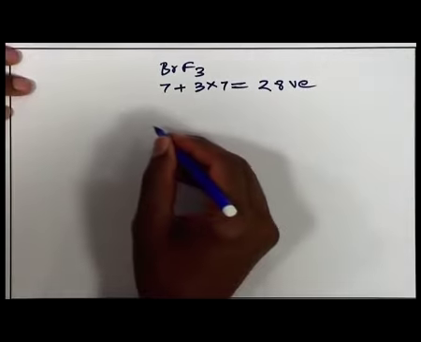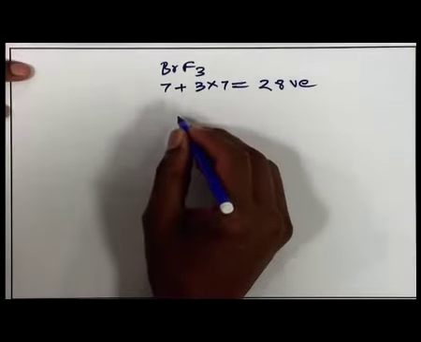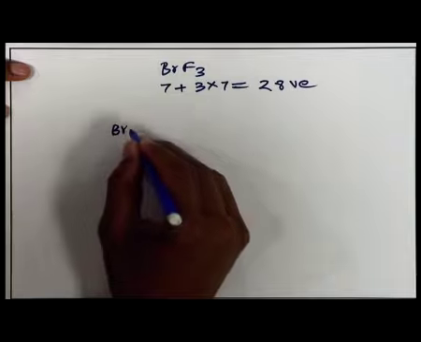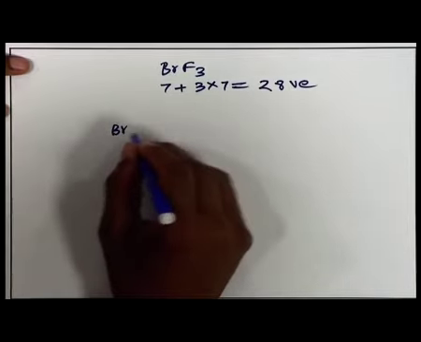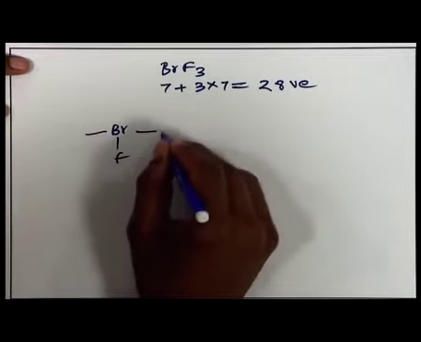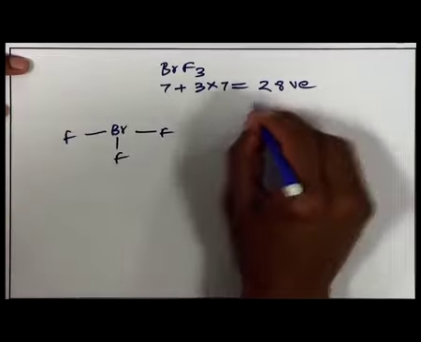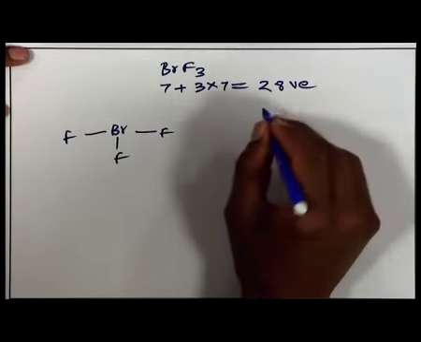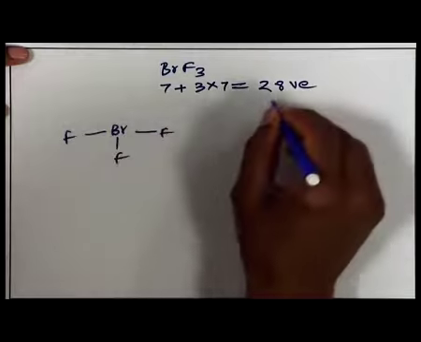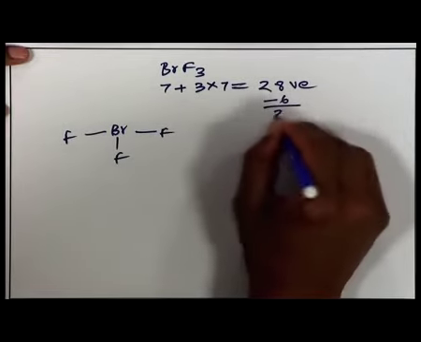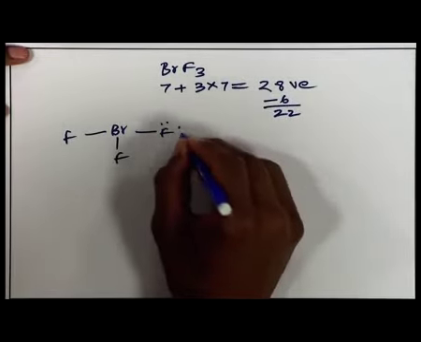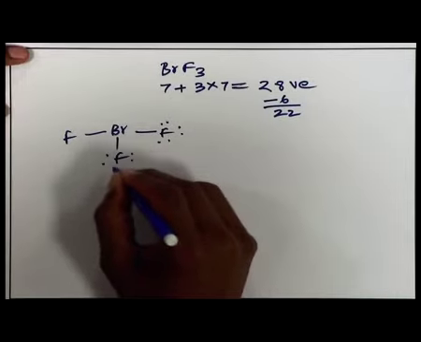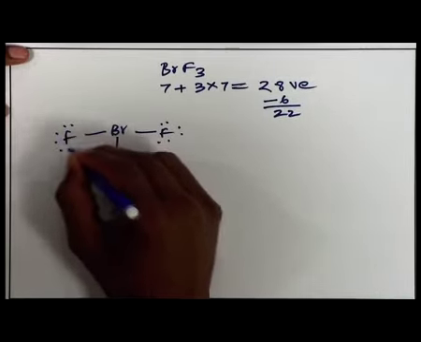Then you can arrange the electrons around the bromine atom as the central atom, with fluorine, fluorine, fluorine. There are 3 bonding electron pairs, so 6 electrons were used. Minus 6, remaining 22 electrons, then we put the electrons here, here, here and here.